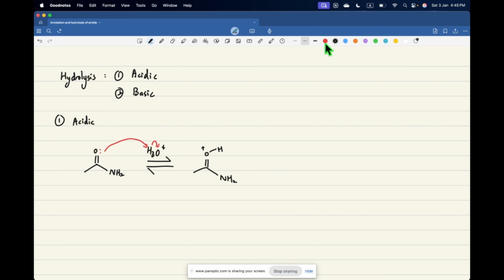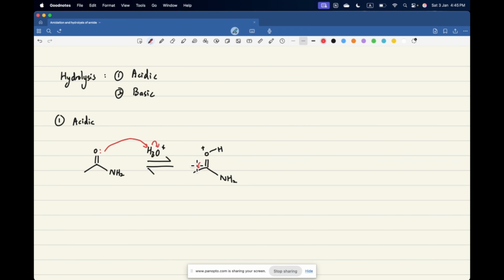So the resonance structure formed from this product will reduce the electron density from this carbon.